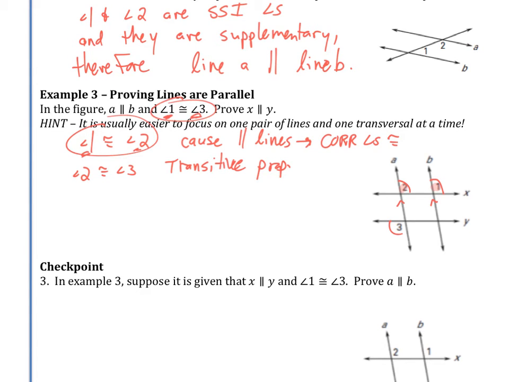And then lastly, if you look at just this part here, you can see angle 2 and angle 3 are alternate exterior angles. So you'd say alternate exterior angles congruent implies lines parallel. So therefore, X is parallel to Y, because X and Y are the two highlighted lines. Essentially we just proved that since the alternate exterior angles are congruent, the lines are parallel.